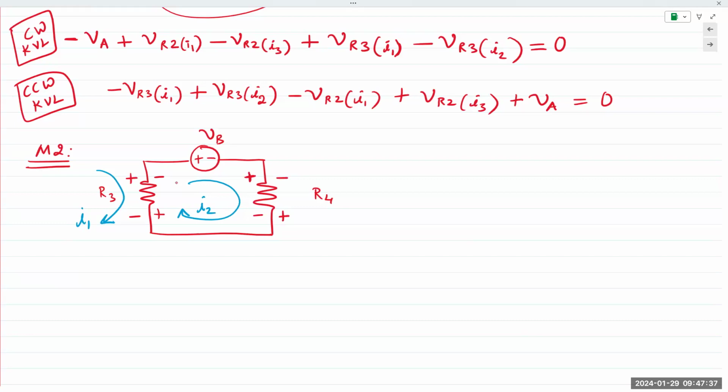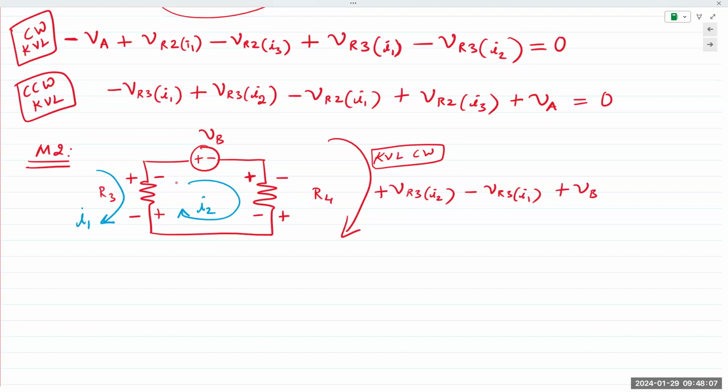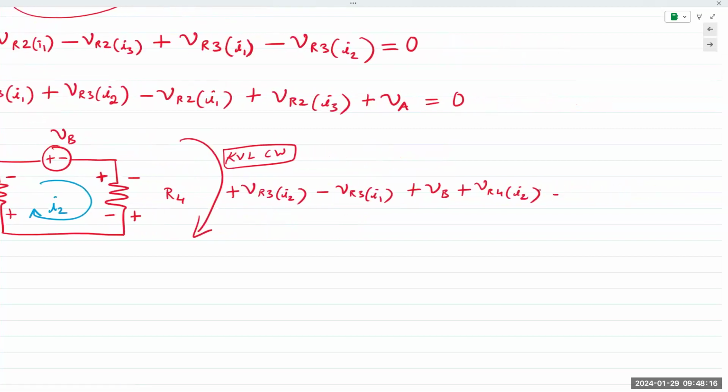And so in this case, if I apply KVL, again, the clockwise direction, starting at the bottom left corner, I have VR3 due to I2 minus VR3 due to I1 plus VB plus VR4 due to I2 minus VR4.